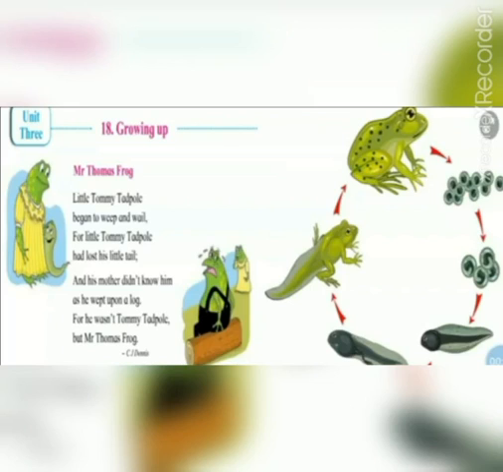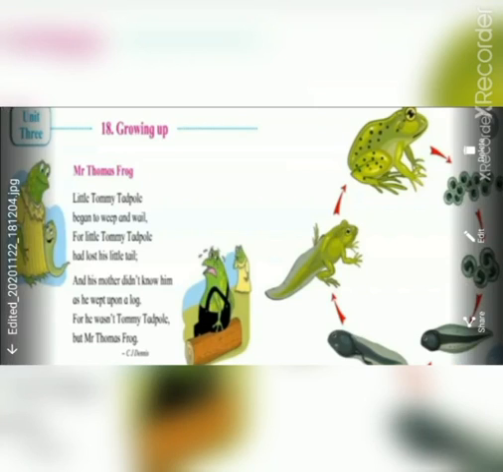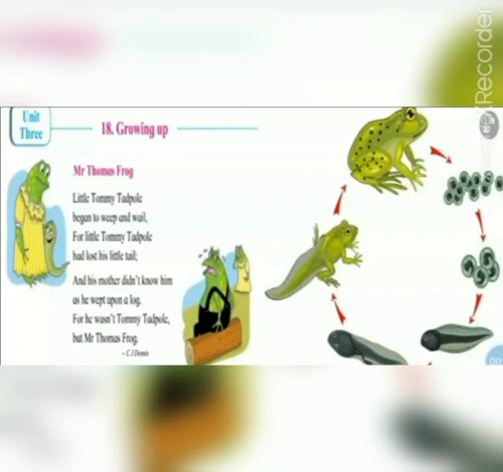Weep means cry, and wail means crying and saying something. That is called wail. And this tadpole starts crying. Why was the tadpole crying? Mother was surprised. The tadpole was crying because he had lost his little tail.